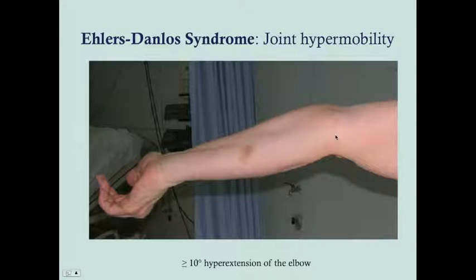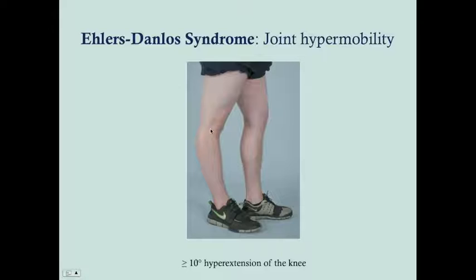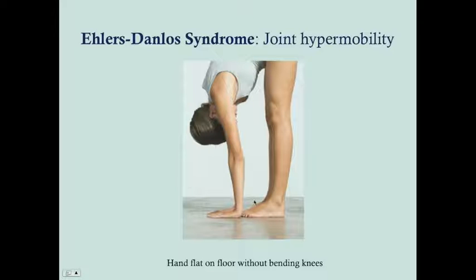So here you have hyperextension at the elbow, and this is obviously abnormal. You shouldn't be able to extend your elbow like this. And then also note the bruising. Remember that these patients are at risk for bruising. Here is more than 10 degrees of hyperextension of the knee. And then this patient is able to put their hands flat on the floor without bending the knees.